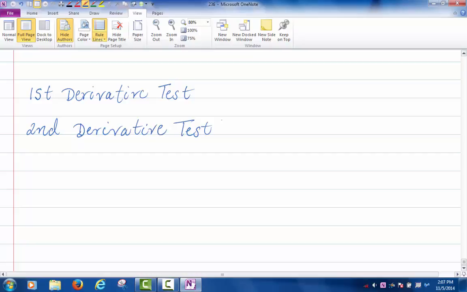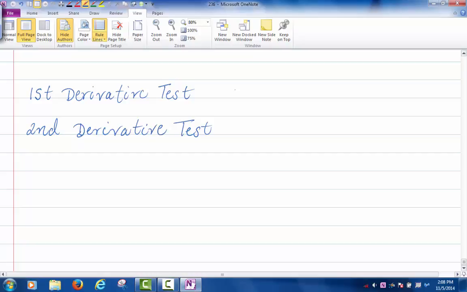Remember, in section 3.1, we saw that local max and local min values may only occur at the critical points, right? So these two tests are testing whether at a given critical point we have a local max or a local min.